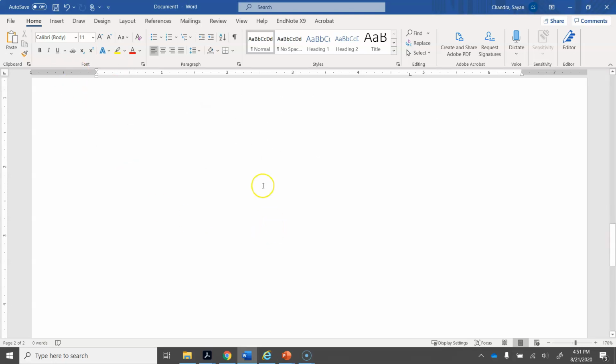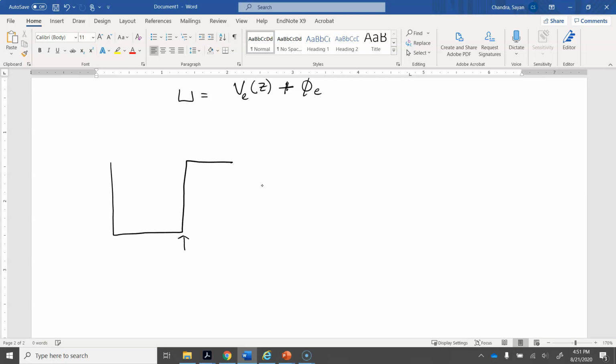So in the original picture of the band diagram, we had an abrupt change, so that's your abrupt change, and then you have your Fermi level, you have your conduction band, and that's your work function, vacuum.